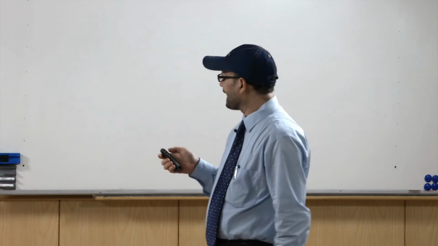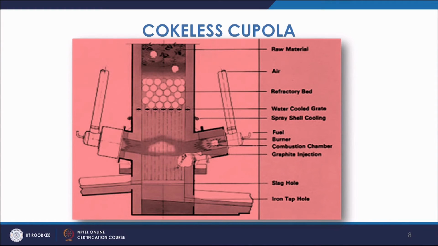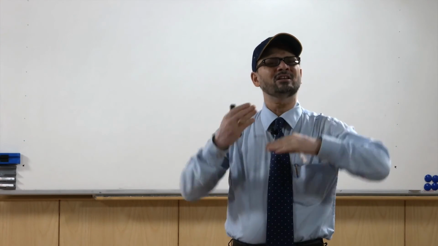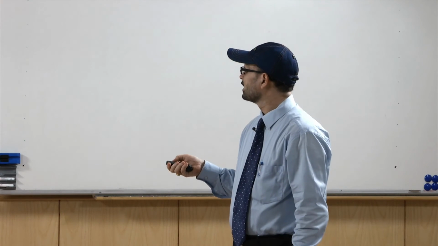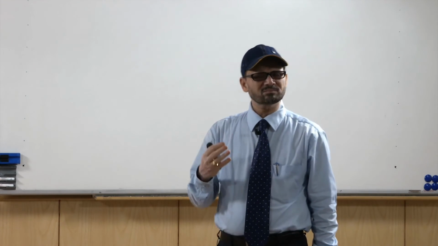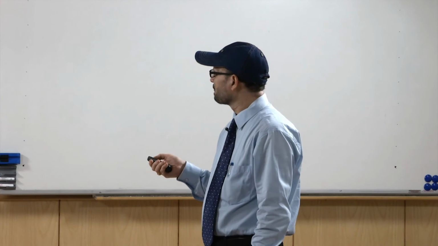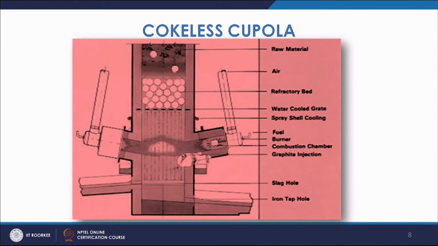So, there has been a concept of having cupolas like cokeless cupolas. They were in practice in the foundries near the Taj Mahal in Agra. There has been a lot of damage to the environment because of the release of these toxic gases like SO2 or SO3, and that is why a number of cokeless cupolas were installed in those regions.